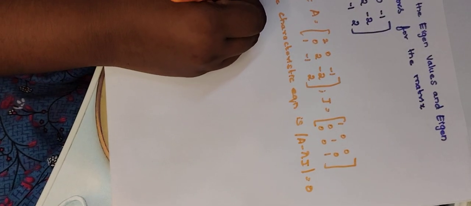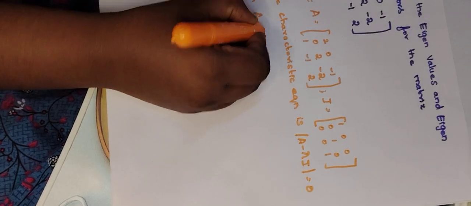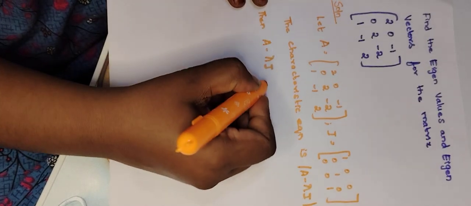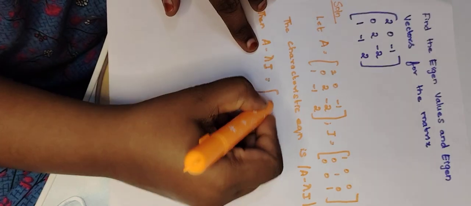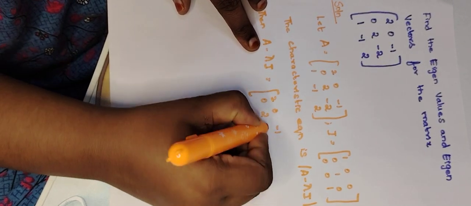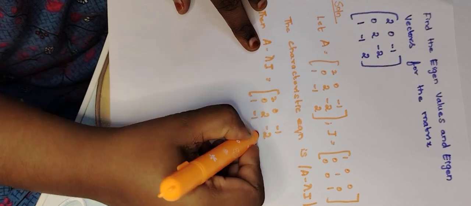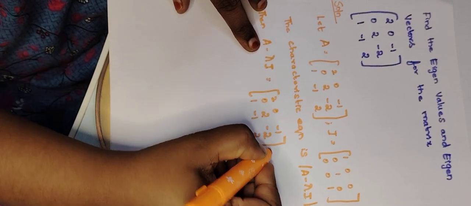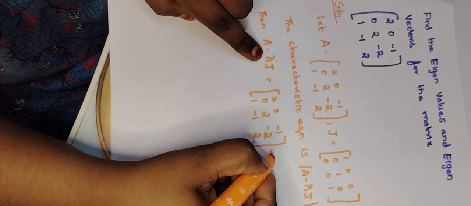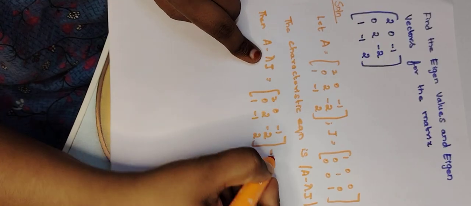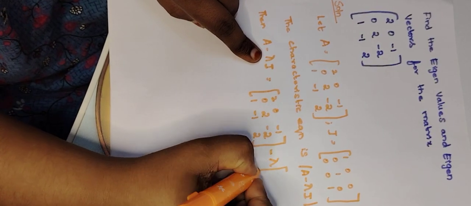A minus lambda I will be equal to the matrix A, which is 2 0 minus 1, 0 2 minus 2, 1 minus 1 2. According to the formula, I need to subtract lambda times the matrix I. The matrix I is 1 0 0, 0 1 0 and 0 0 1.